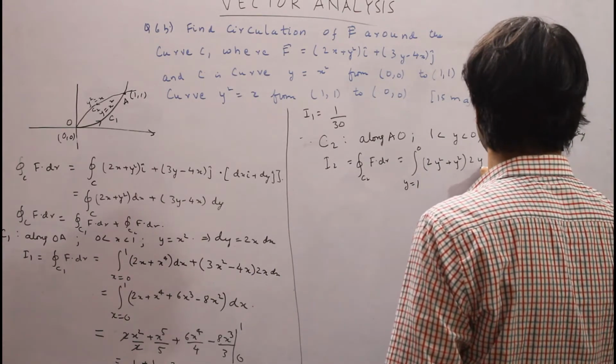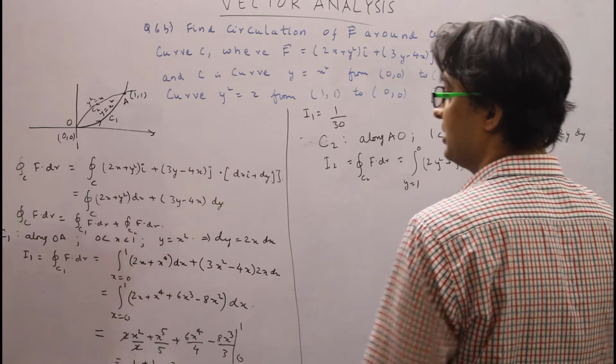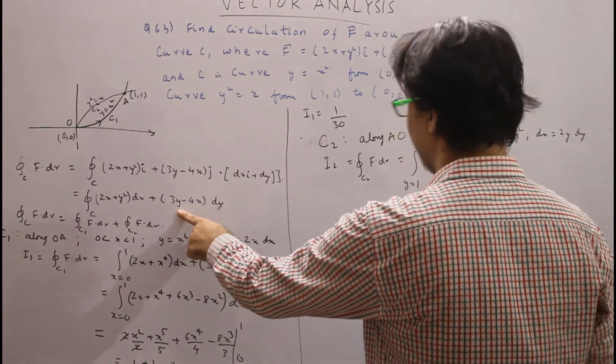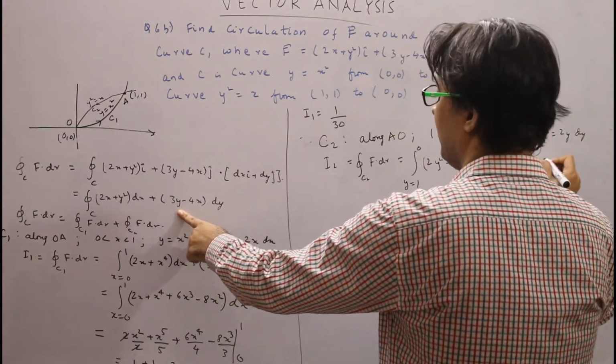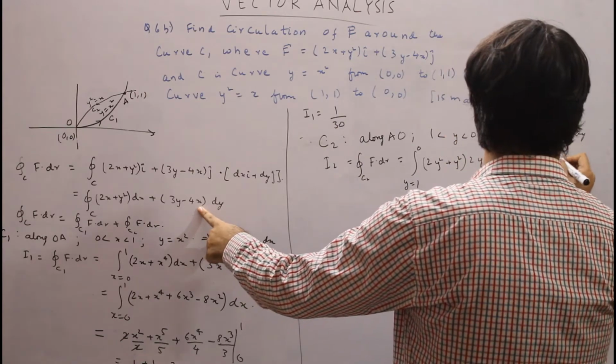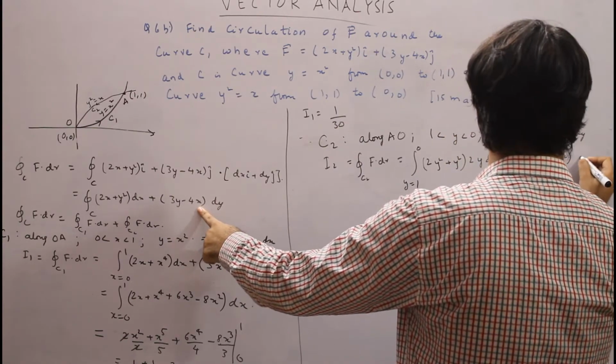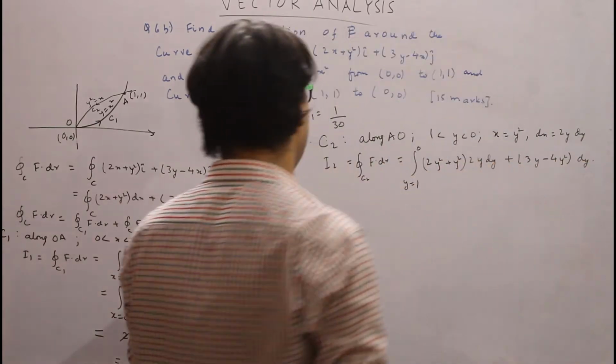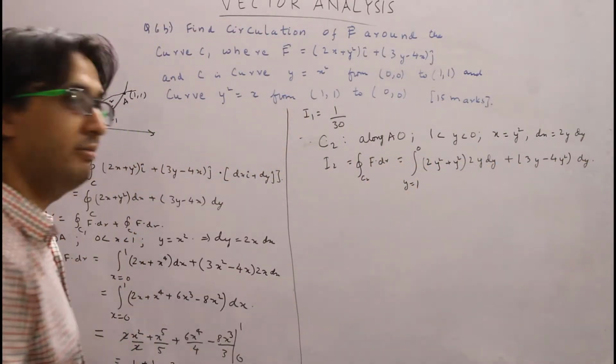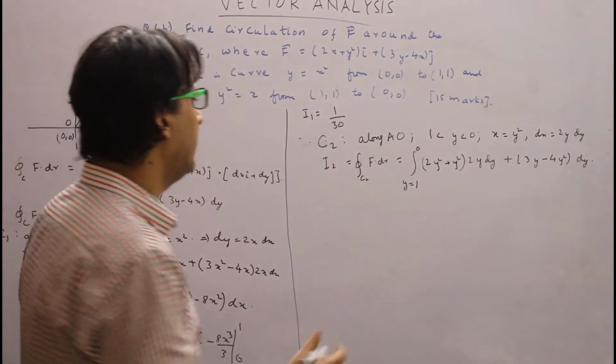So we can write this 2y dy plus what is here? We are having 3y minus 4x. x is again y square and here we can write this as dy. So we have found I1 and there we are finding I2.